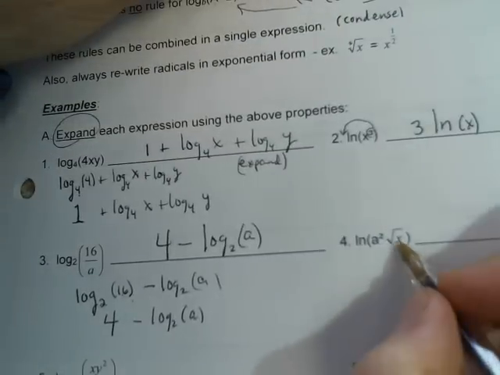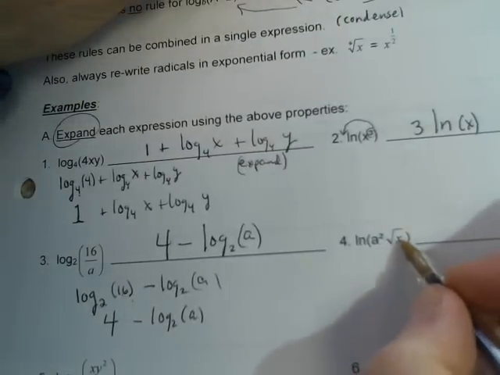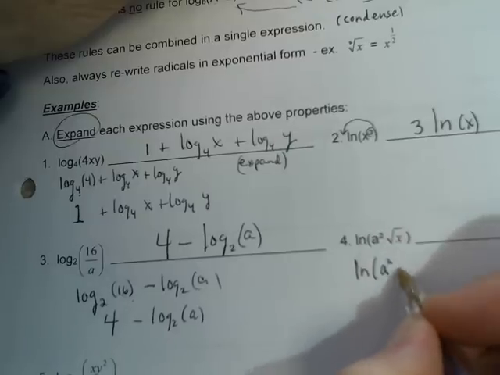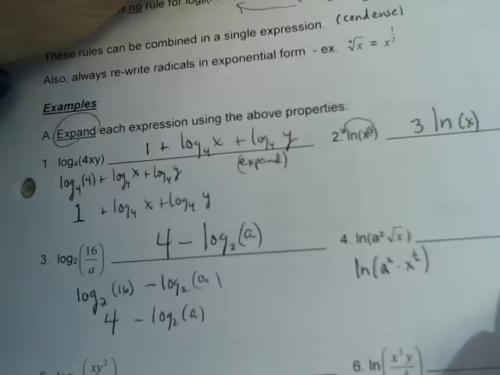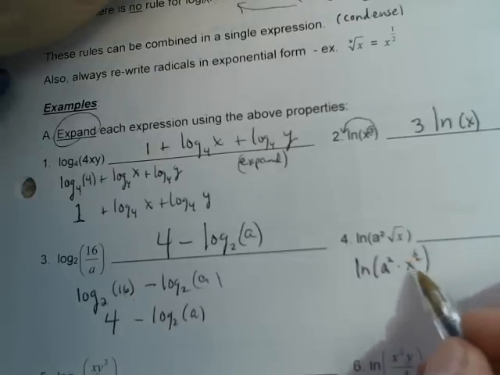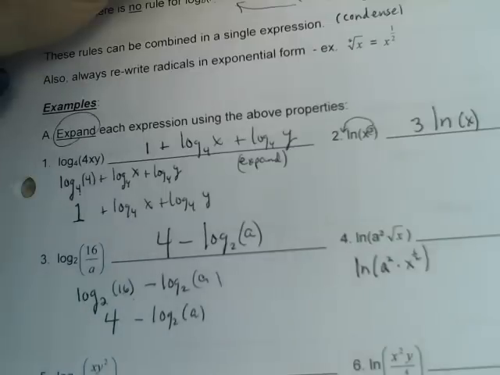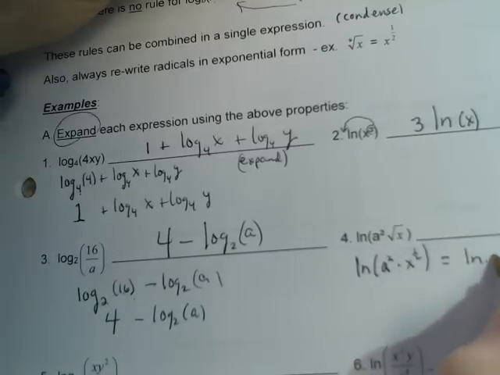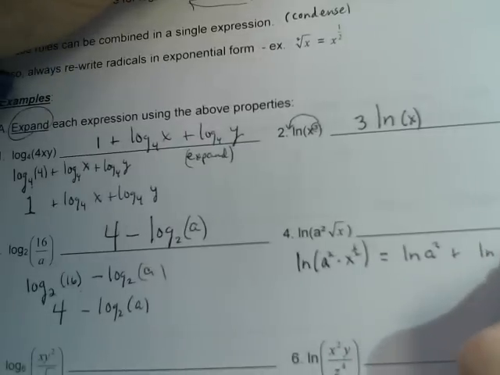The next example, we have a radical here. So we're going to rewrite that radical as x to the 1/2 power. So this is the natural log of a squared times x to the 1/2 power. We have 2 rules we're going to use. We're going to use the rule with the exponents in it, which is the power rule, and we're going to use the product rule. So this splits apart into the natural log of a squared plus the natural log of x to the 1/2.